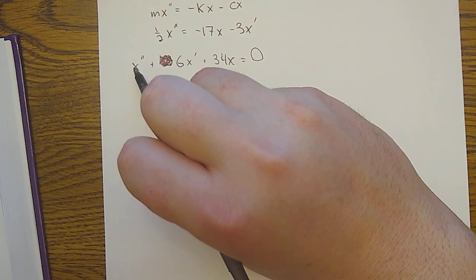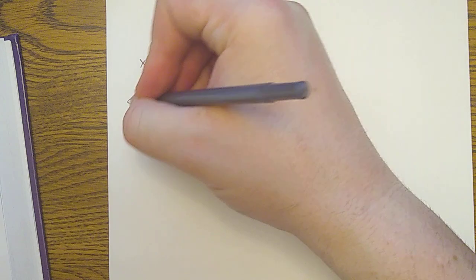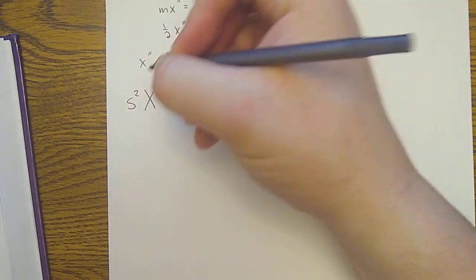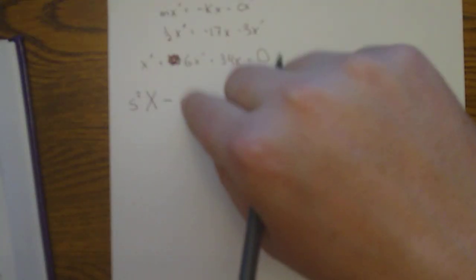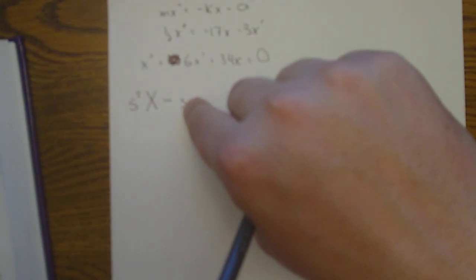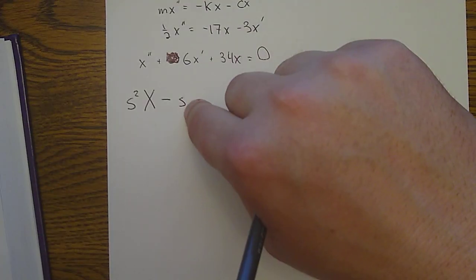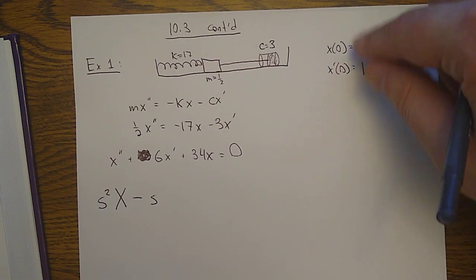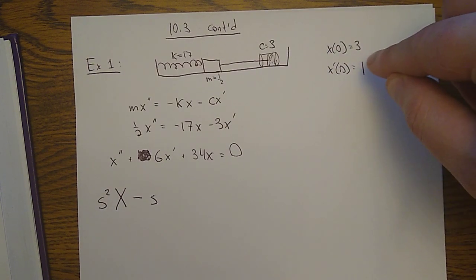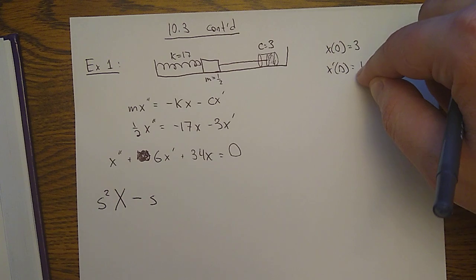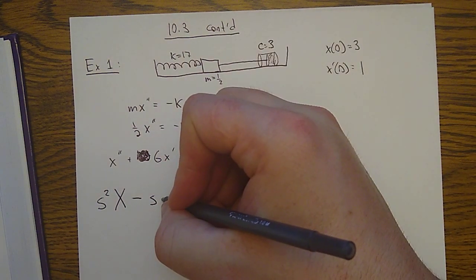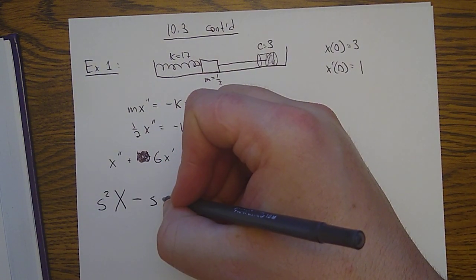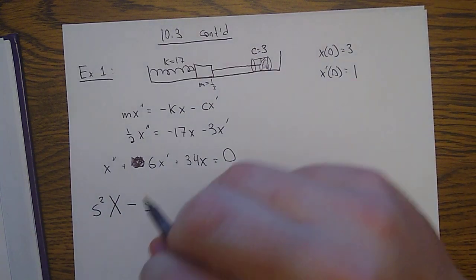How do we do the Laplace transform of x double prime? If you remember, it's s squared x minus, and then it's a smaller power of s, so now I went from s squared to s, and then I start multiplying by the initial conditions. So I'm going to start with x prime. Wait a second.